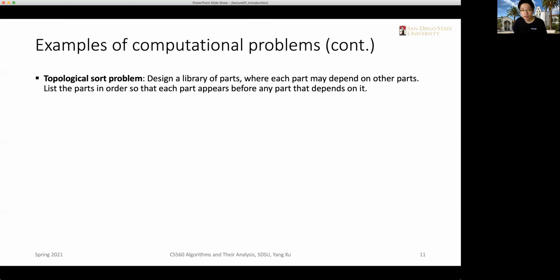Given a library of parts, it will figure out which part depends on which one, and it will list all the parts in such an order that the ancestors appear before the descendants.